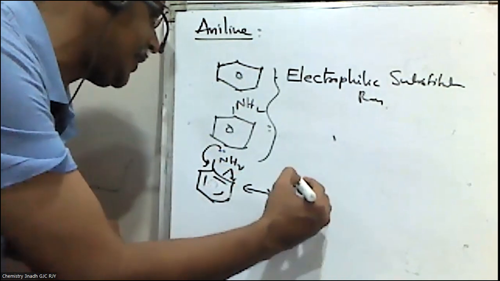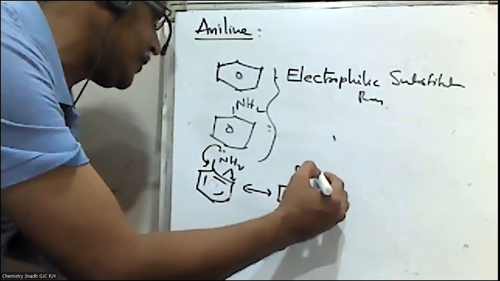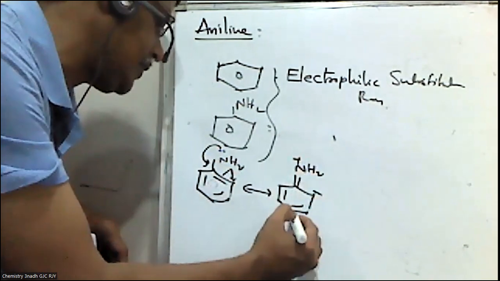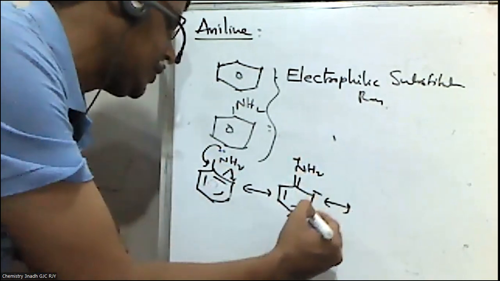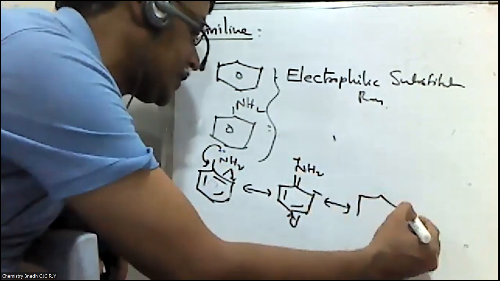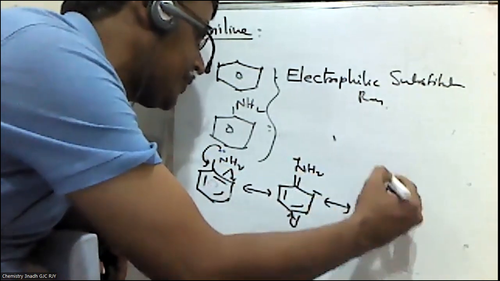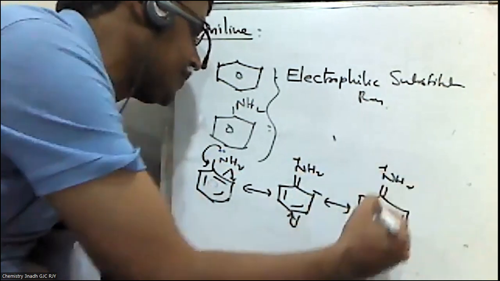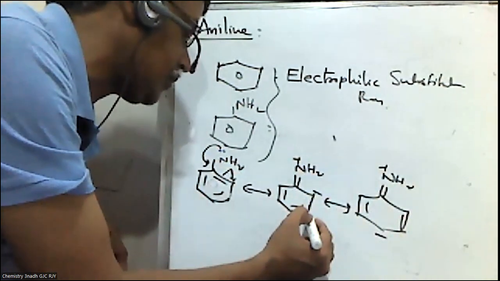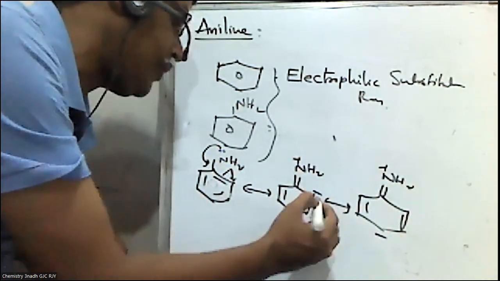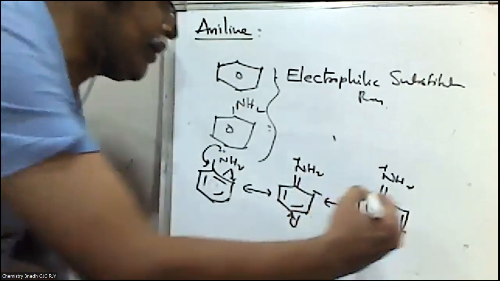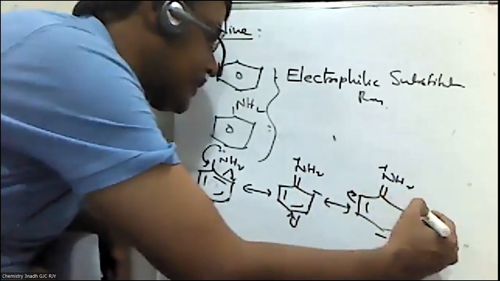Here there is a negative charge and NH2 plus. There is another movement like this, and we get one more resonance structure with a negative charge, a double bond, and NH2 plus. Then the third one is like this.